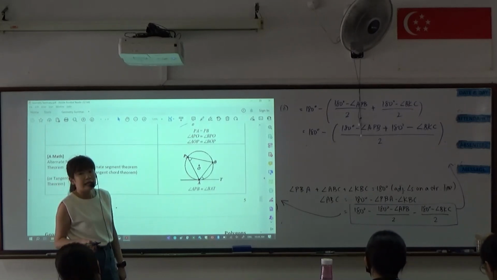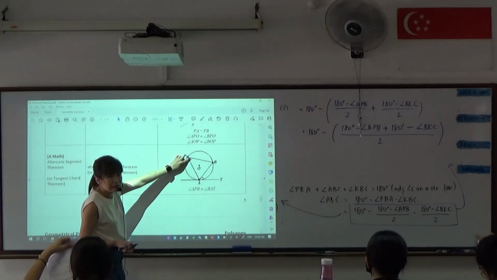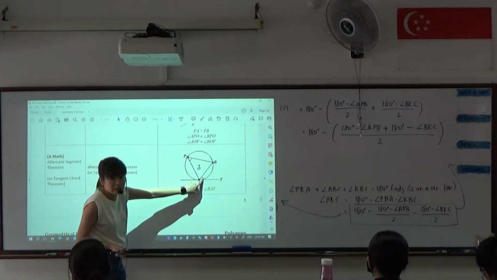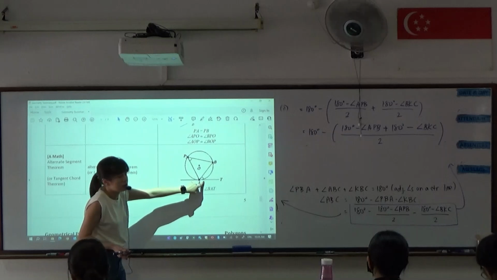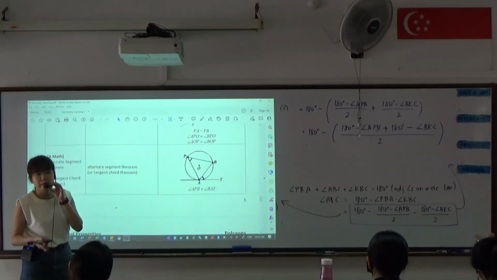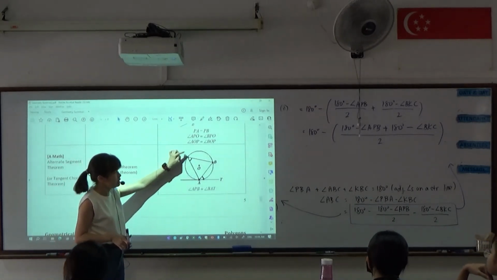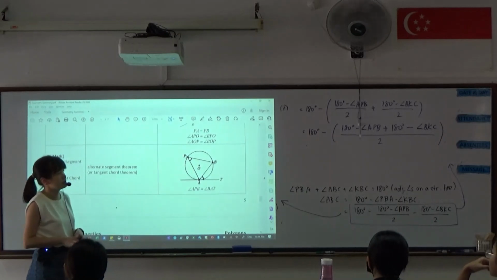And then how is it alternate? It is based on this angle over here that is alternating from here, that are going to be equal. So we can have this angle equal to this angle. That is what alternate segment theorem says. Must have tangent, must have triangle, all the corners on the circle.